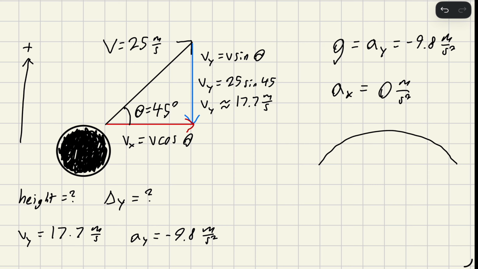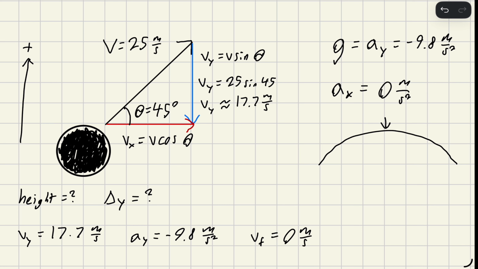So we need one more variable to make this problem work. If we look at the arc again, same thing happening. Right here at the point, it changes direction. If you remember from the very first video in this series, anytime that something changes direction, the velocity is 0. And so we know that the final velocity at the peak of the arc is 0 meters per second.